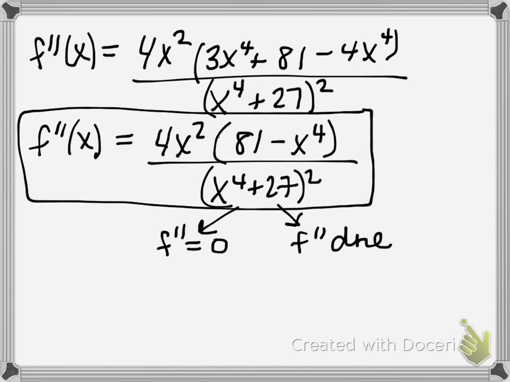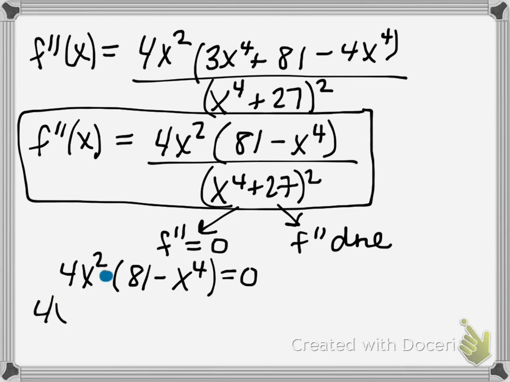So to set this second derivative equal to 0, we would set the numerator equal to 0. And it's already factored, which is nice, so that work has been done already. And we need to solve this equation. So since it's already in factored form, and that's multiplication, we're just going to set each of these factors equal to 0 and solve.